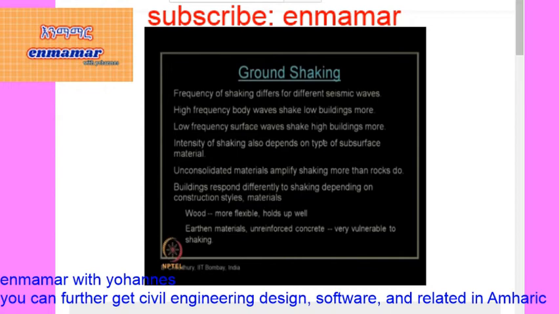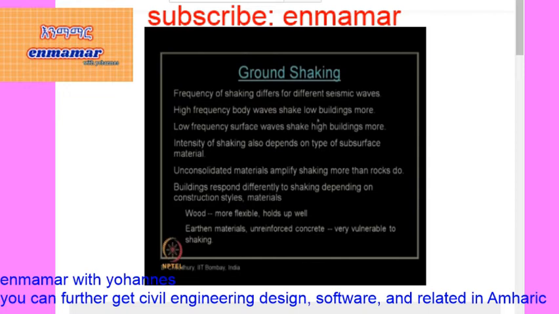That automatically tells us that the layman idea or common understanding is that typically tall buildings will be more vulnerable or get more damaged during an earthquake, but single story or one story buildings are saved.